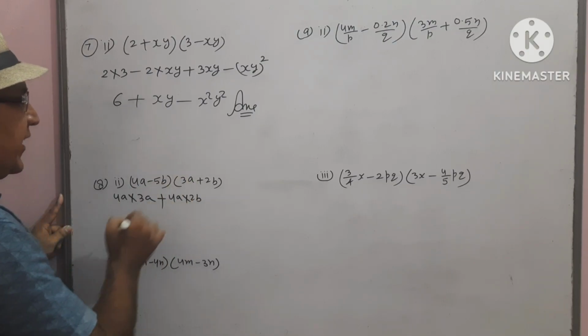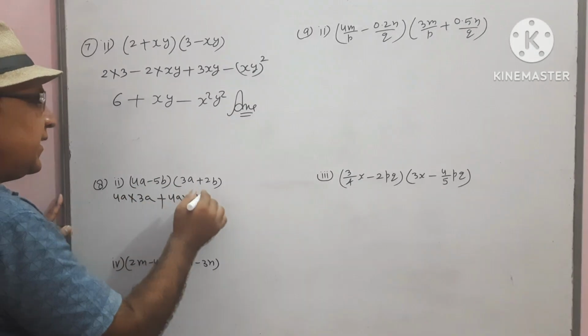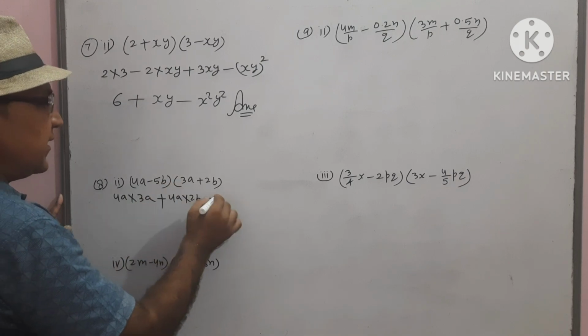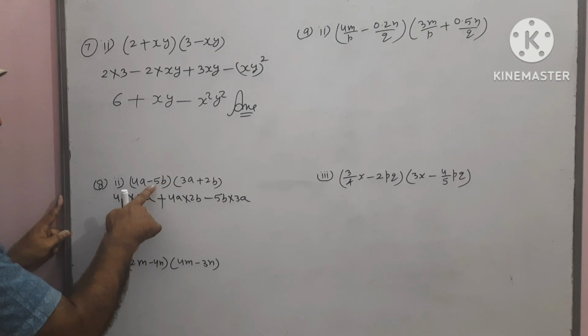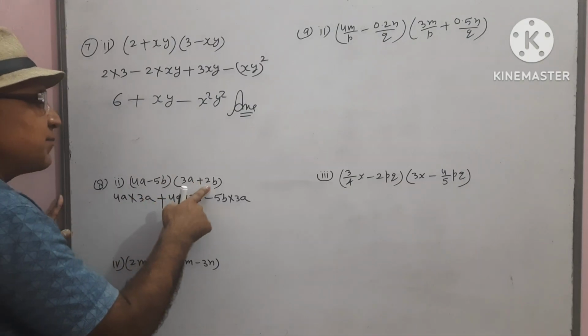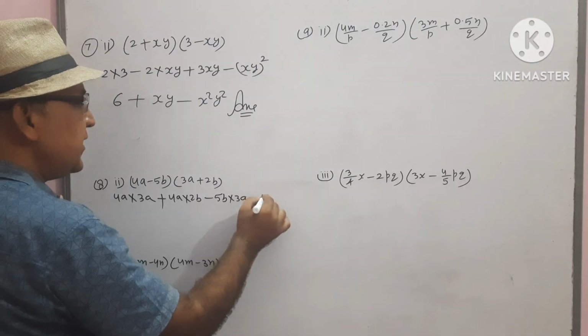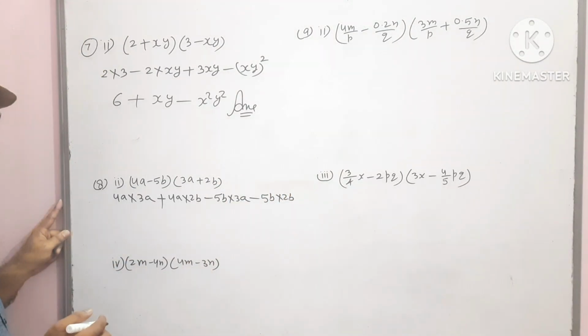4a into 2b. Now minus 5b is multiplied with 3a. So minus, because minus into plus becomes minus. Then 5b into 3a. Then minus 5b is multiplied with plus 2b. So minus into plus becomes minus. Then 5b into 2b. Understood?